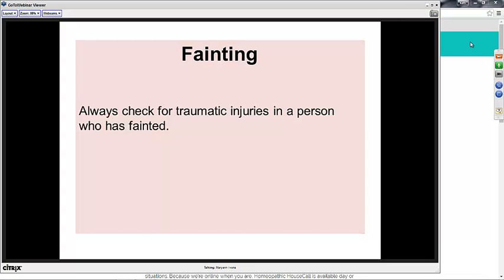Fainting. One of my personal favorites. I used to do this all the time at church. So when a person faints, you've always got to check for traumatic injuries, because if a person truly faints, they can't control how they fall, and so they may hit their head on whatever.